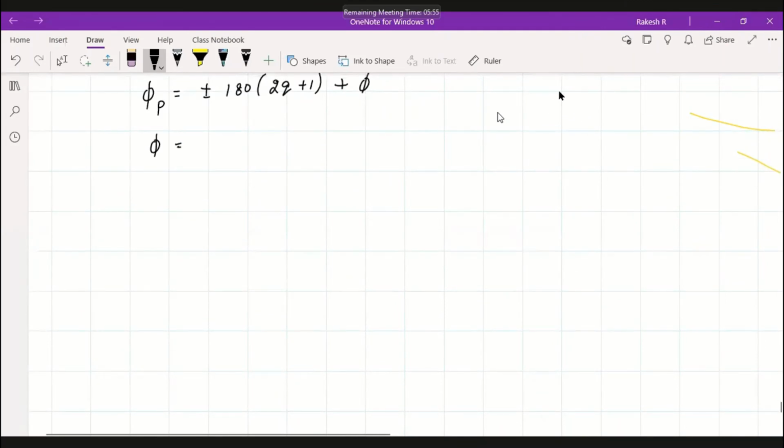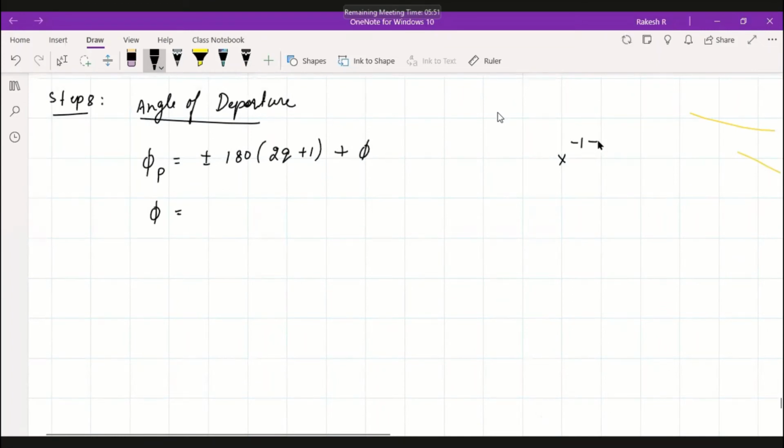This is s equals minus 1 plus j, here s equals minus 1 minus j, and here s equals 0. First, we shall find out for the pole s equals minus 1 plus j.